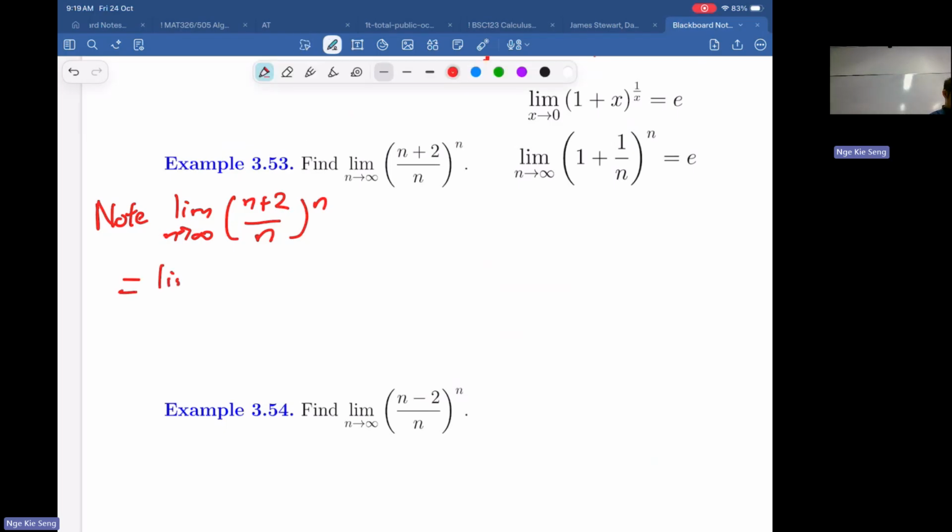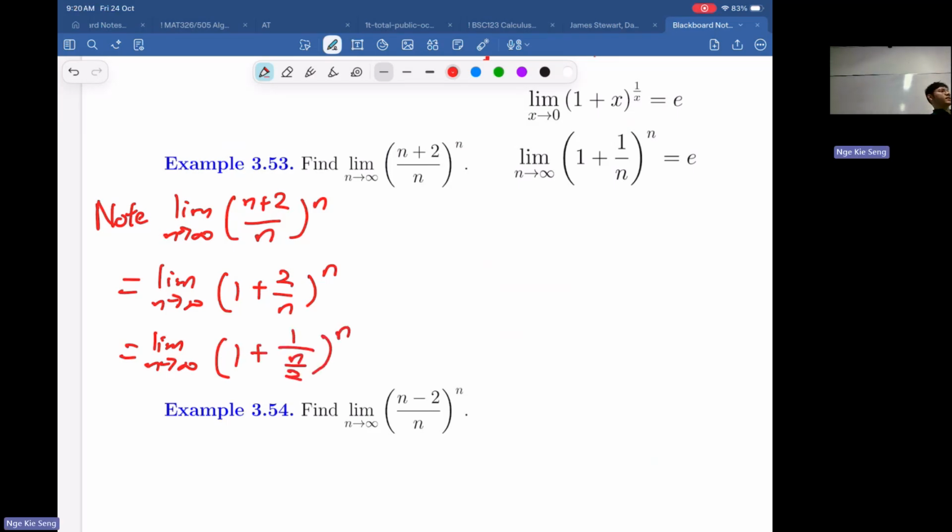One thing we could do is divide by n. But there's some difference: one of them is 1 over n, the other is 2 over n. How do we make it like 1 over something? One way is to push the numerator down to the denominator.